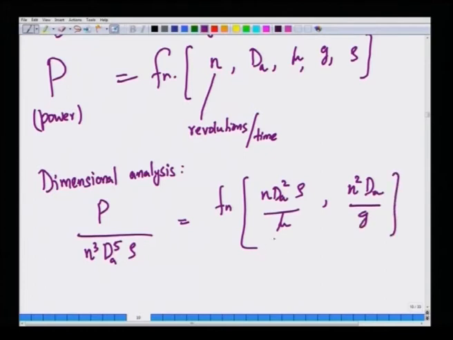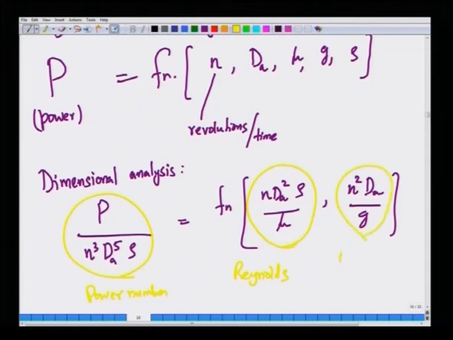This is the Reynolds number. This is called the power number. These are all non-dimensional groups. Power number. This is the Froude number.